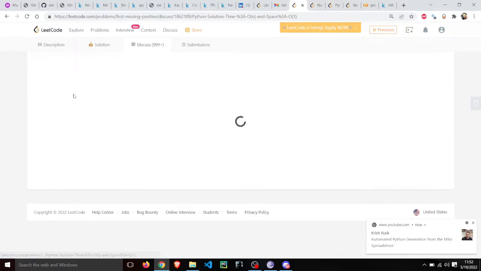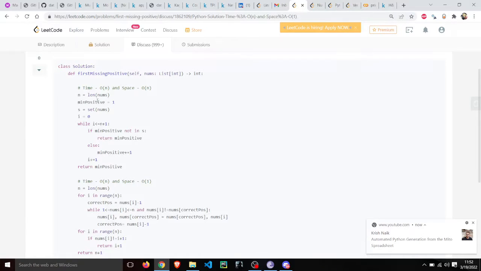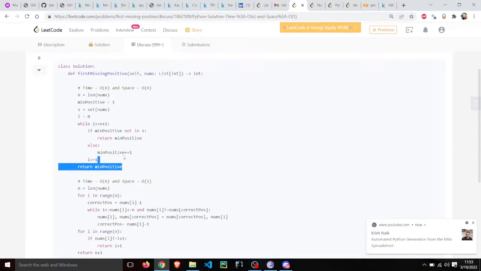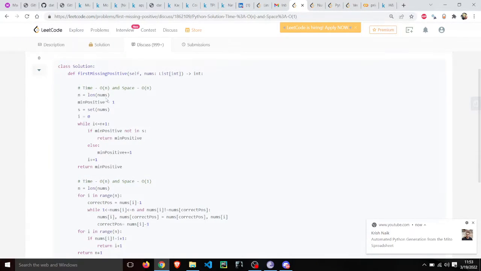Okay, so the first one, let's see. This is an O(n) space solution, let's not look at this.